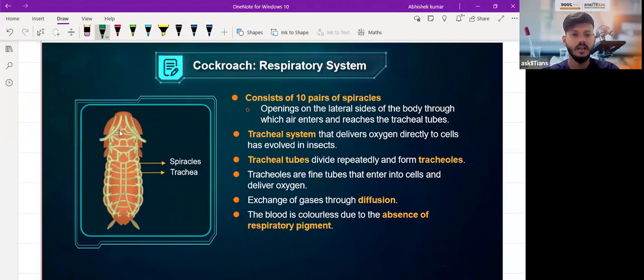Sorry, this is the respiratory system of a cockroach, where it consists of 10 pairs of spiracles. And you can see 1, 2, 3, 4, 5, 6, 7, 8, 9, 10.